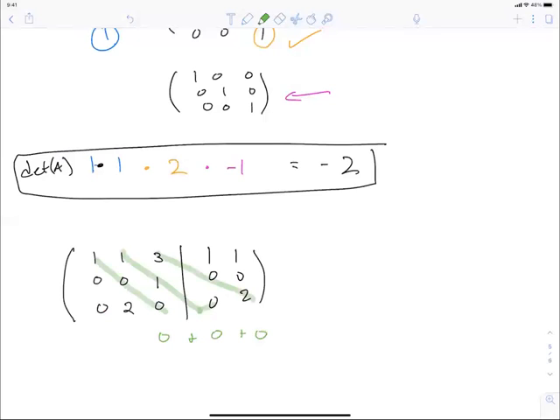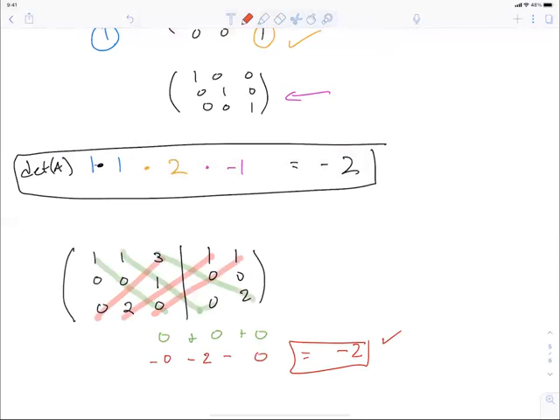And we have these negative diagonals, which give us -0, -2, and -0. And sure enough, we get the same answer with row reduction as with the diagonal formula. So that shows that these are consistent.